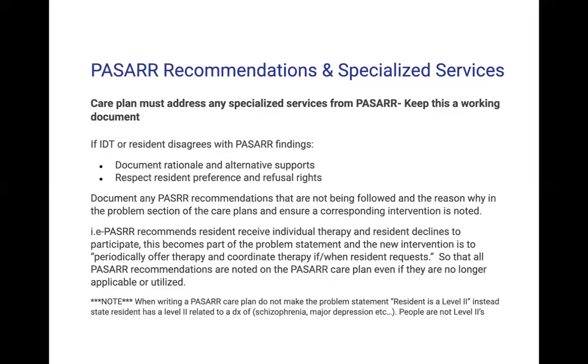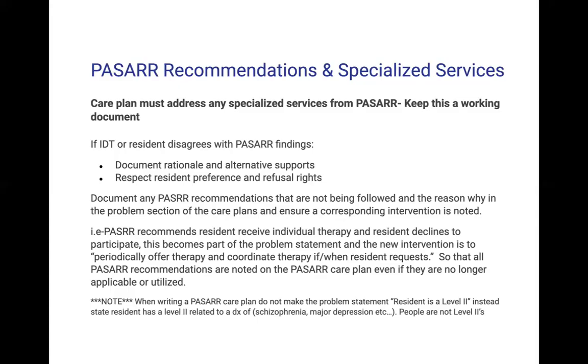they need to do a neuropsych eval, individual therapy, and go out into the community. Let's say that the person no longer wants to participate in individual therapy. What I recommend to buildings is to take that piece and make it into the problem section. For example, patient Susie has a diagnosis of schizophrenia.